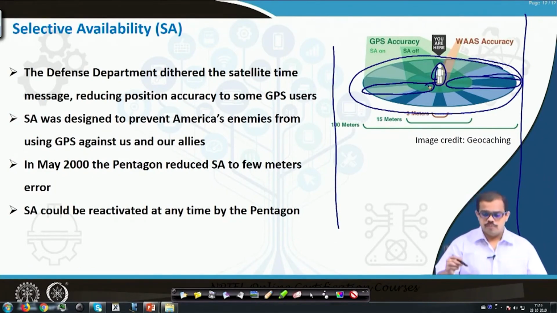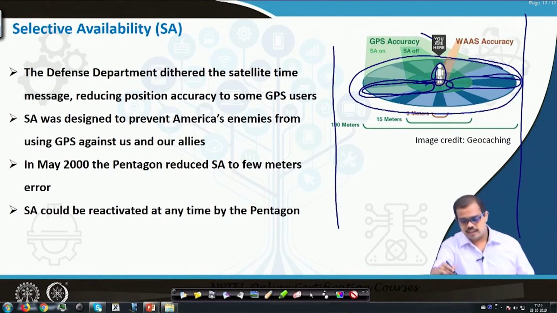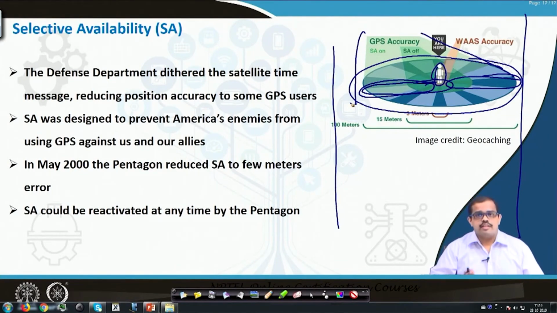Depending on where the signal is, it may be located in this particular region. This is the entire signal for when the SA is on. So you are located somewhere there, which means it is about 50 to 100 meters away from the point you are located.